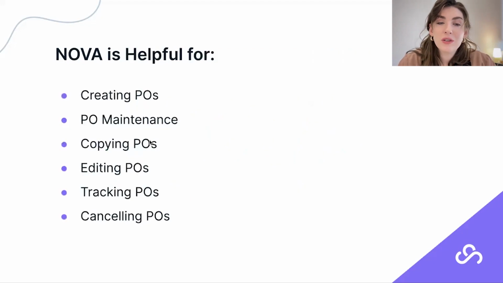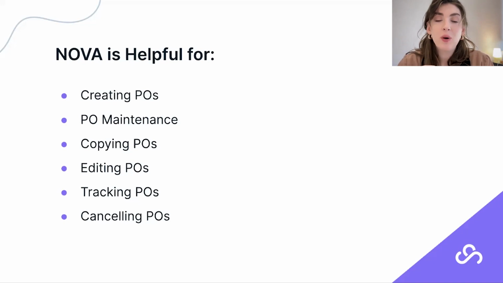All right, so Nova does a couple different functions, and I will point out what I said earlier: Nova is not a replacement for system generated orders. Nova is a tool to help you be a little bit more agile, to work with your replenishment team, but it is not necessarily your end all be all.